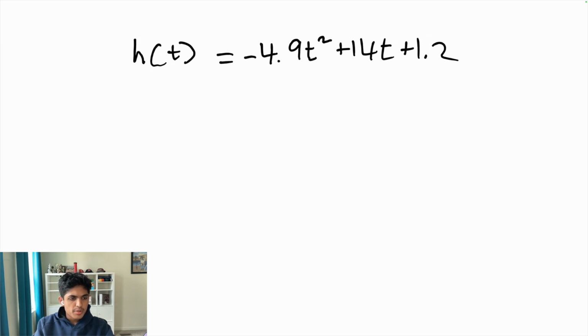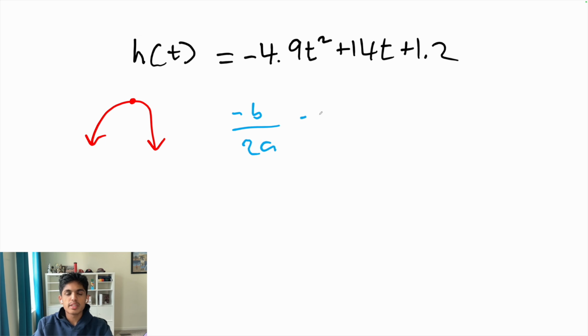Okay, so to do that, the first thing we have to look at is this function, and we're just trying to find the maximum value of it. Because this is a quadratic that opens downward, the graph is going to look like this. That means the vertex, which is roughly here, is going to be your maximum height. And so remember that to find the x coordinate of the vertex, we have to do negative b over 2a.